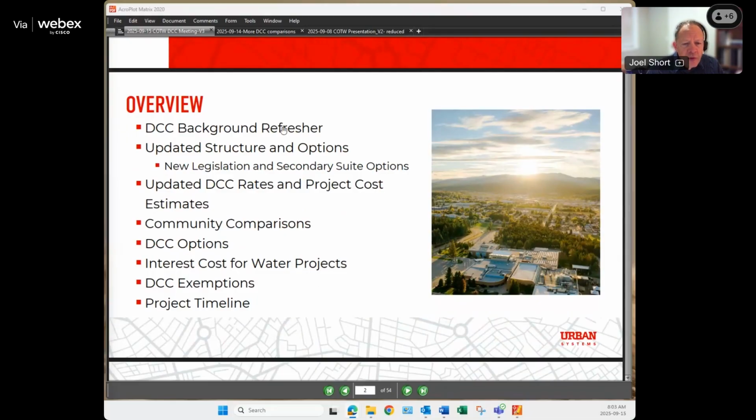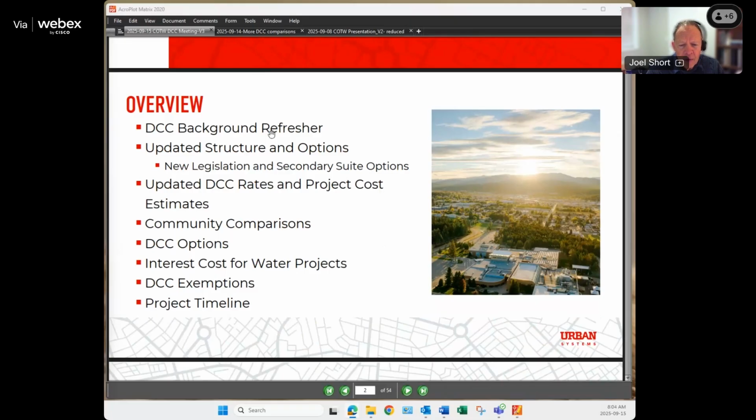In terms of an overview of the presentation, we'd like to do a bit of a background refresher on development cost charges, then talk a bit about the updated structure and some of the options in terms of new legislation and secondary suites. We've got some information on the updated DCC rates and the project cost estimates.